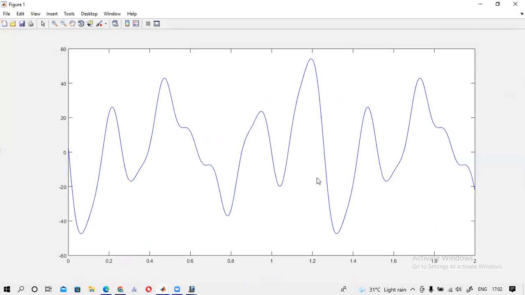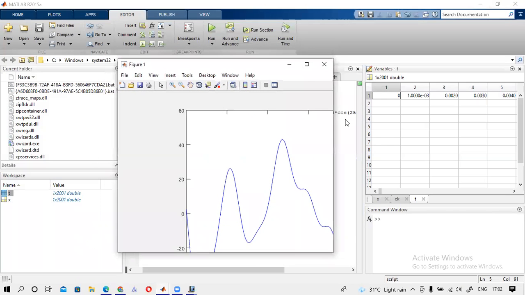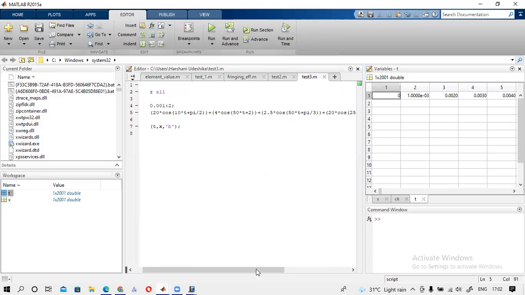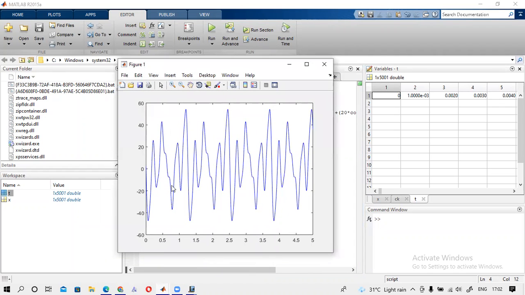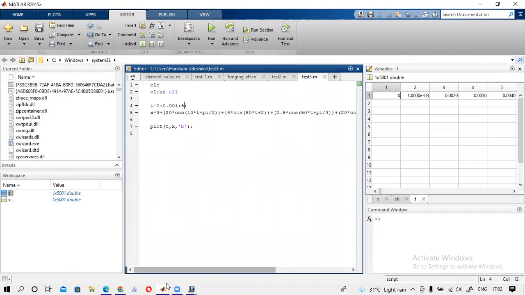Now our signal is changing, but it is a repetitive signal. If you change this up to 5 or something, you can see it. See, this is a repetitive signal, the signal is repeated, but it will take a different pattern.